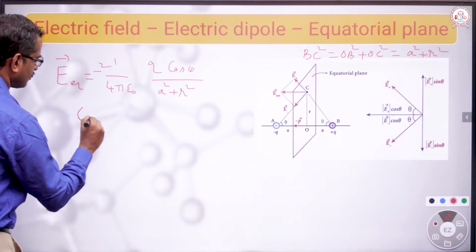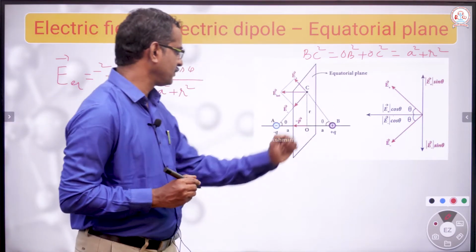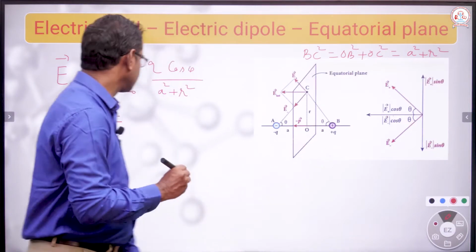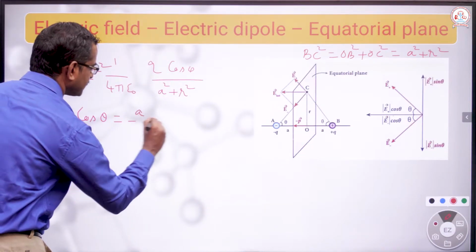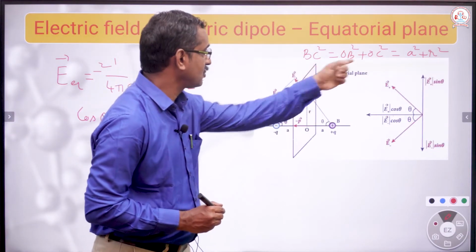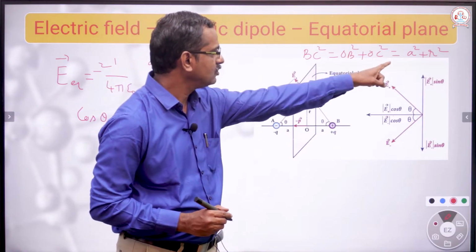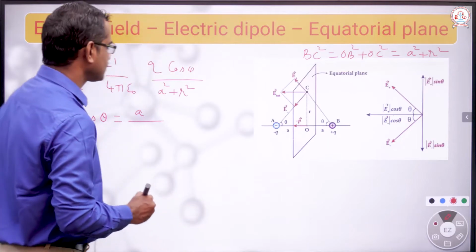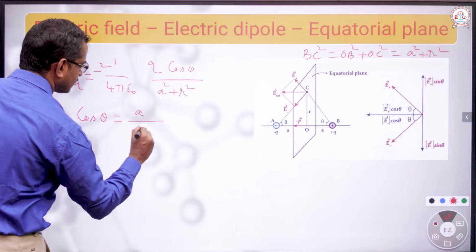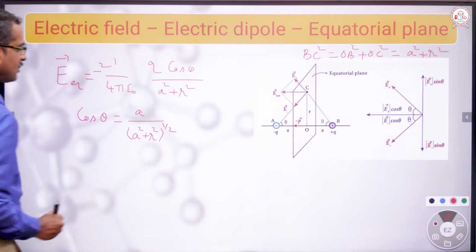Cos theta is equal to adjacent side by hypotenuse. Adjacent side is A, divided by hypotenuse. Hypotenuse is BC, and BC square is A square plus R square. Then hypotenuse BC is equal to the square root of A square plus R square, that is A square plus R square to the power of half.